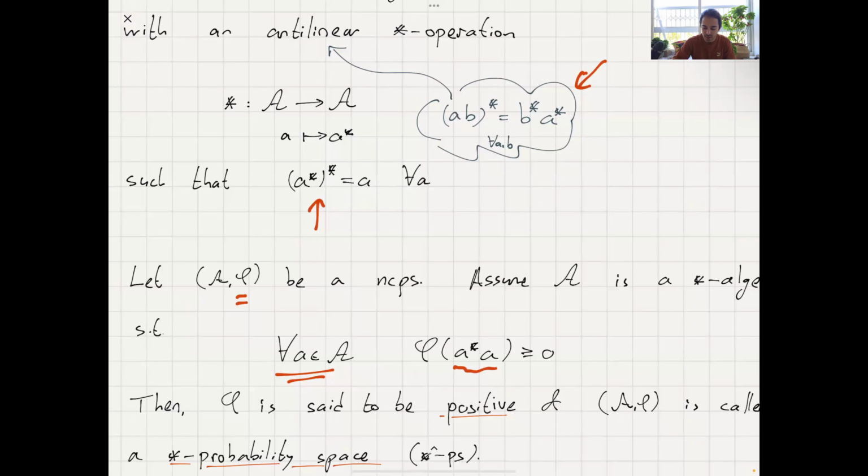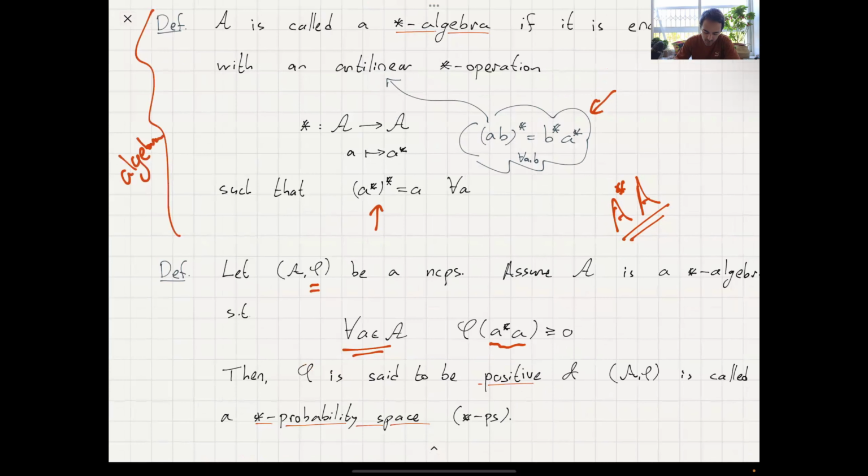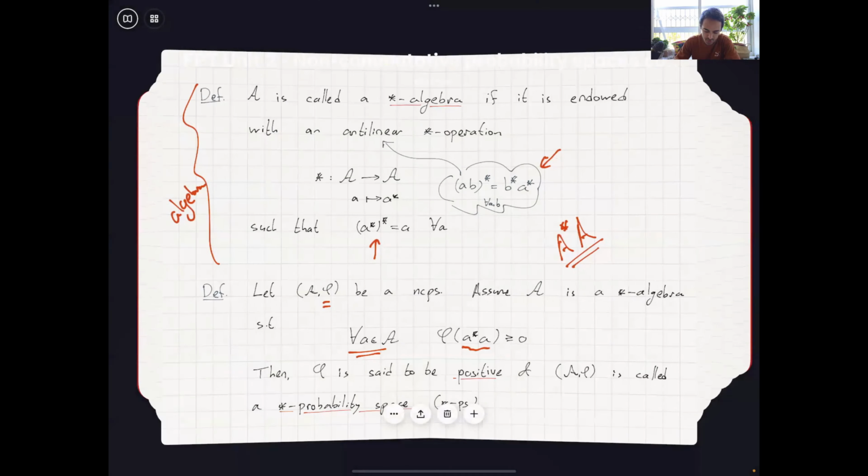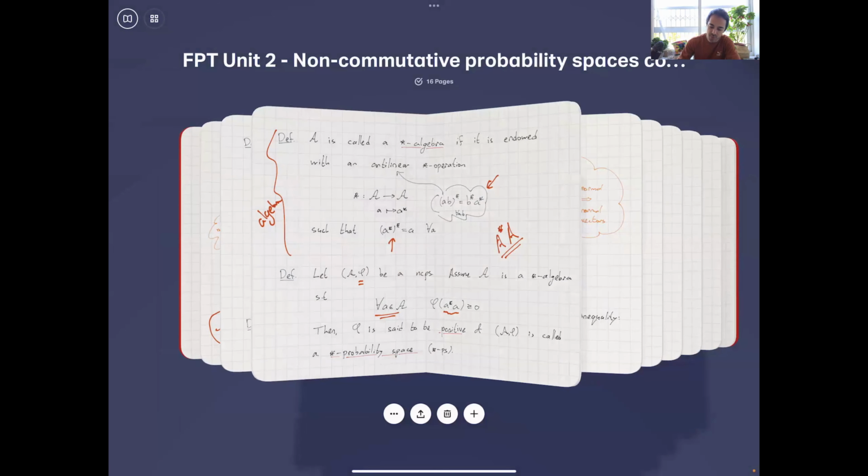So for example, if you have a matrix and you look at this matrix, then that's a positive semi-definite matrix, right? So all its eigenvalues are non-negative, which is an example. We'll see the examples, but it seems related, and it is indeed a special case of a star algebra. Okay. So that's the notion of a star probability space.